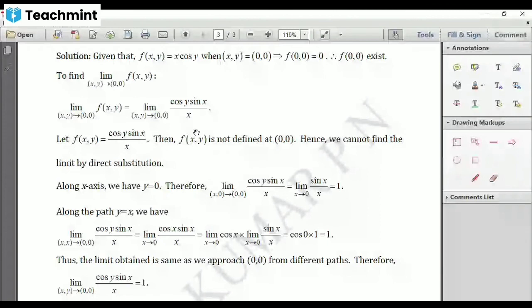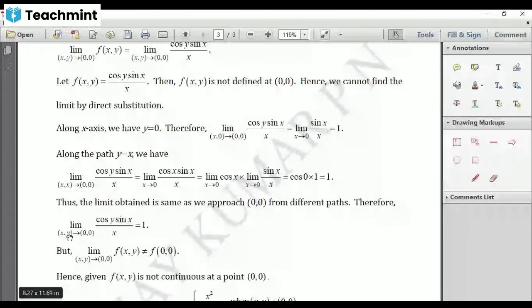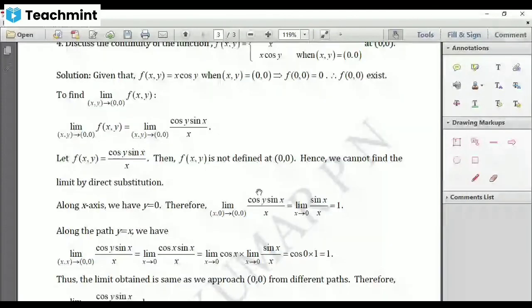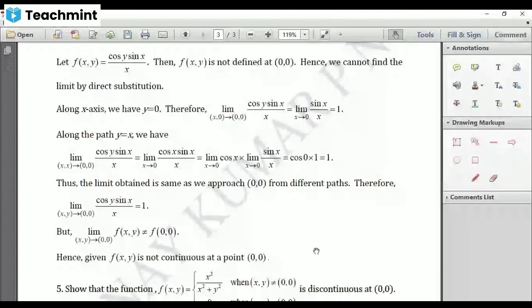That is the reason that though you consider many paths approaching (0,0), for all of them you'll get the same limit. Therefore, the limit of this function exists. Hence, the limit as (x,y) tends to (0,0) is 1. So the limit exists and the value of the function exists, but they are not equal to each other. Therefore, this function is not continuous at (0,0).